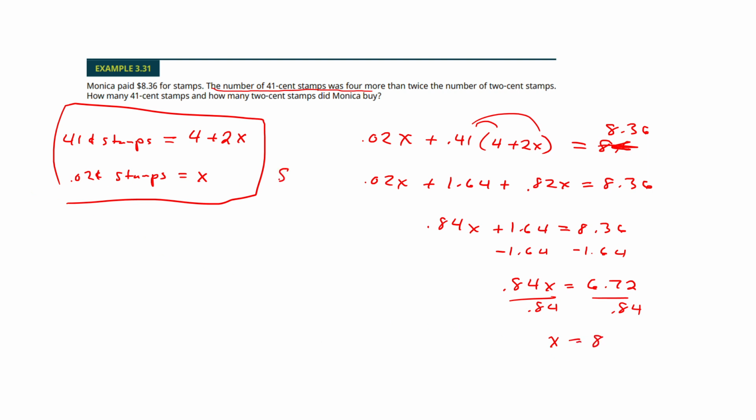Okay, so I've got 8 for my stamps. And now up here, I'm going to do it down here. 4 plus 2 times 8 is my 41-cent stamps. So order of operations, multiply first. Okay, 20 41-cent stamps and 8 2-cent stamps.